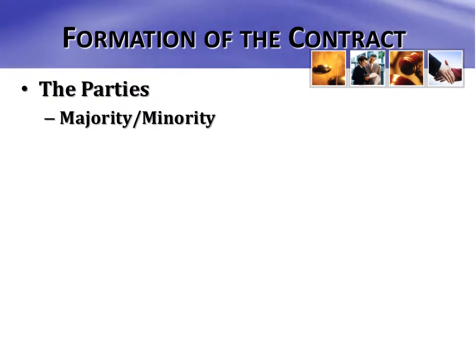Under common law, the age was 21. Today, the age is 18. But there's an exception. You could still contract with minors, meaning those who have not attained legal age, 18, for three things: food, shelter, and clothing.